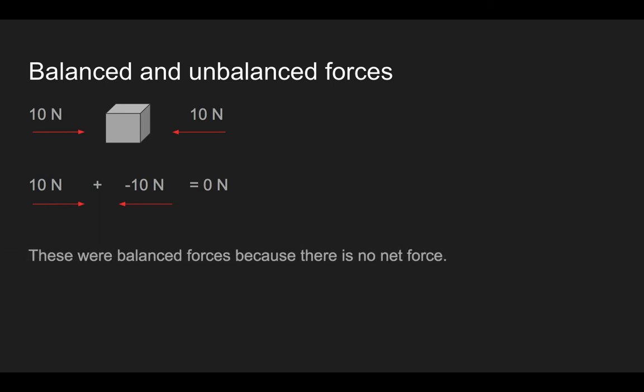This means that these are balanced forces because there is no net force, or the net force is equal to 0 newtons. This is because both people on both sides of the block who are pushing the block in opposite directions with the same amount of force will not move it anywhere because it is the same amount of force. There's no one person pushing the block with more force than the other. They're both equal.